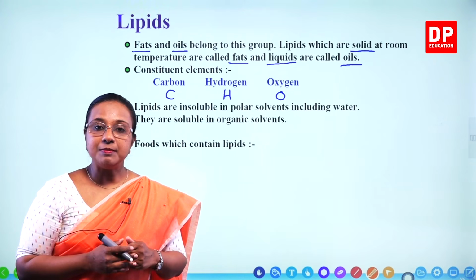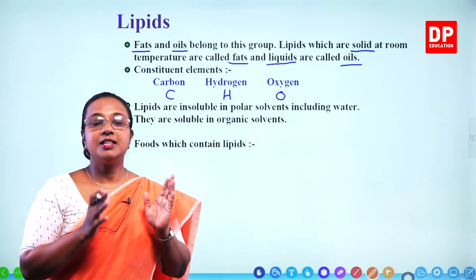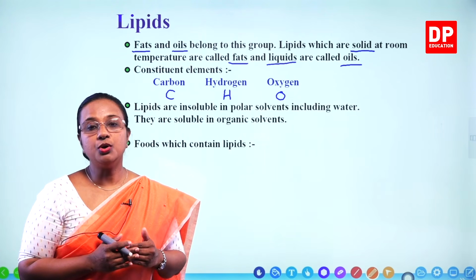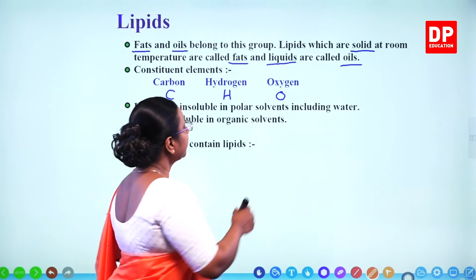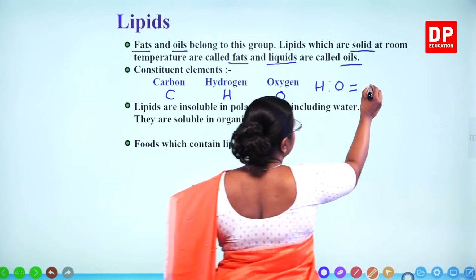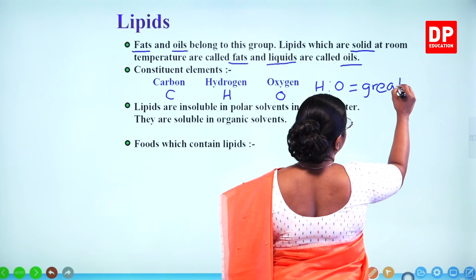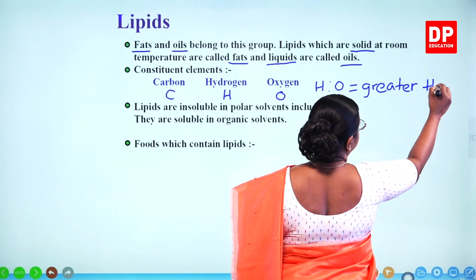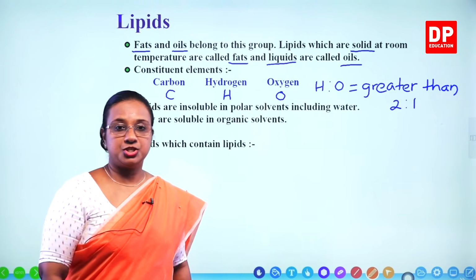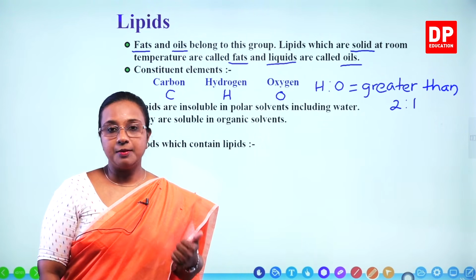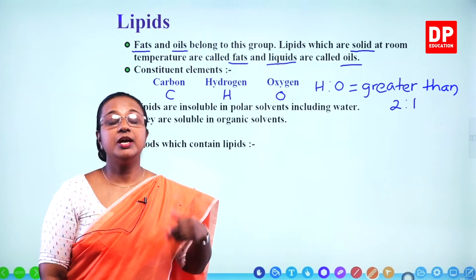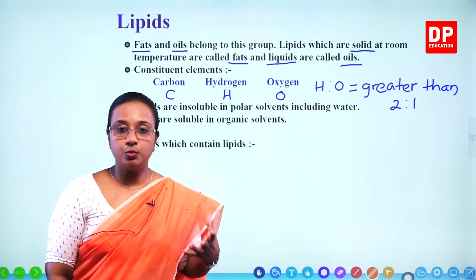And if you can remember, in carbohydrates, the hydrogen to oxygen ratio is 2:1. But here, the hydrogen to oxygen ratio is greater than 2:1. So, this is a different ratio. Although it has only carbon, hydrogen and oxygen, the hydrogen to oxygen ratio is more than 2:1.